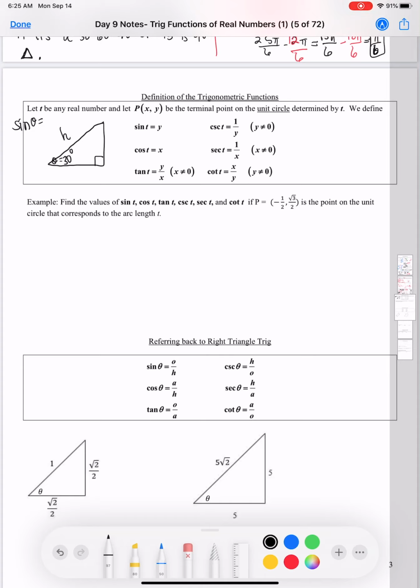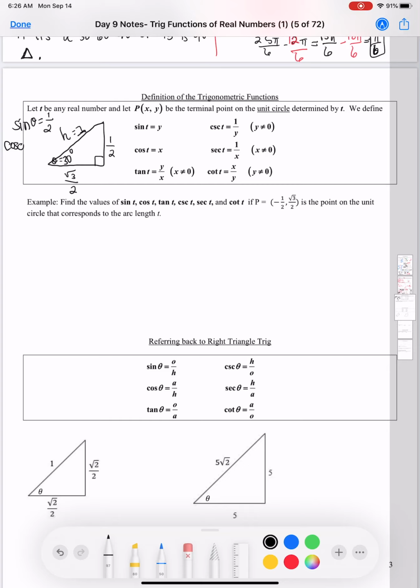If you look on our unit circle at 30 degrees, the y value of that coordinate point is 1/2. The x value is √3/2. We also did that up top in the warm-up. And so sine would be opposite over hypotenuse. The hypotenuse is always 1 for the unit circle, so it would just be 1/2 divided by 1, which is just 1/2.